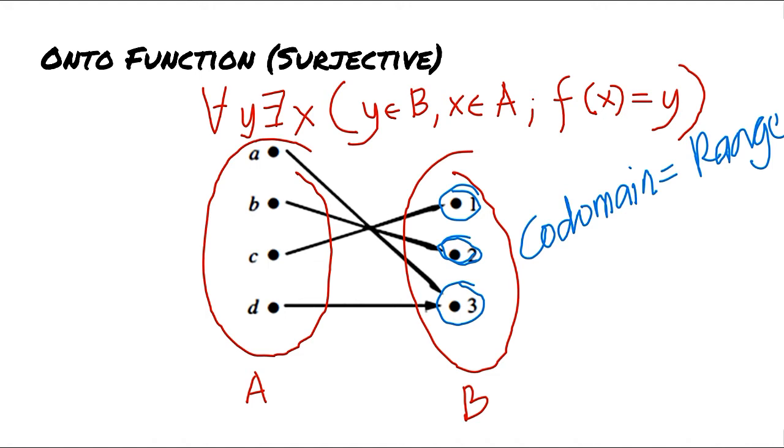Here we are mapping the values of set A, the domain, to set B, and the quantification here is for all codomain elements y, there will be an existence of a particular domain element assignment. So codomain here will be equal to the range. So f of x will be equal to y.